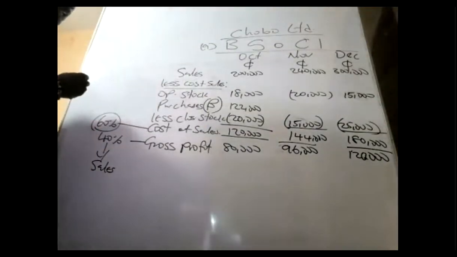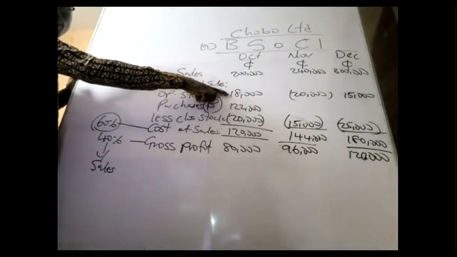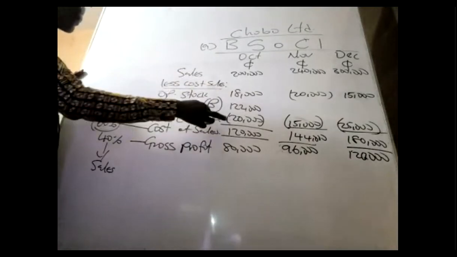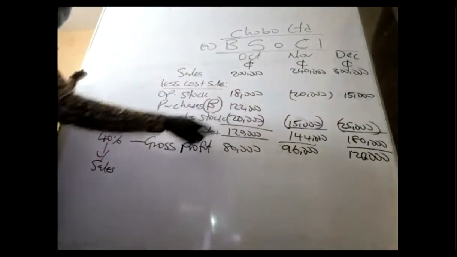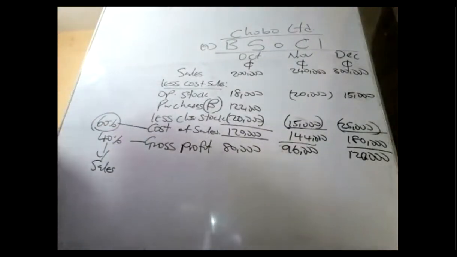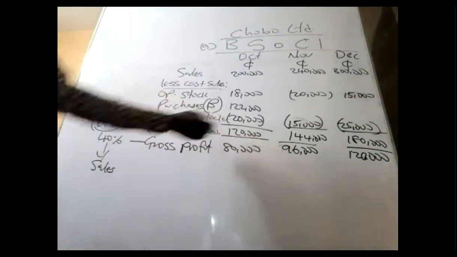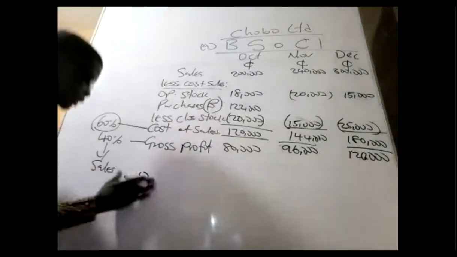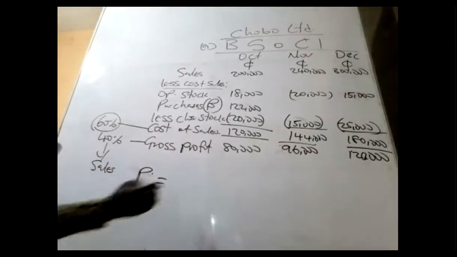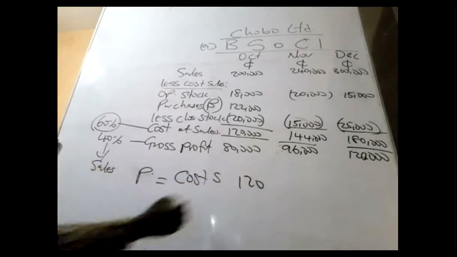It's a balancing figure. What should I add to 18,000, when I subtract 20,000 from it, I'll get 120,000? What will be the answer? Don't worry. This figure 120 is the cost of sales.